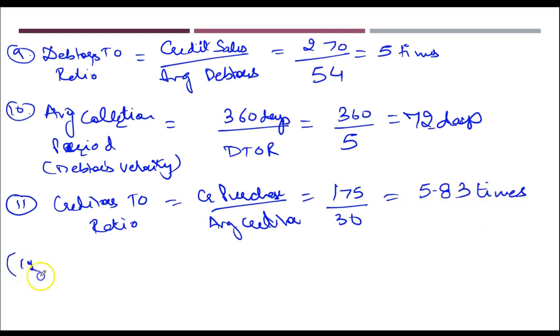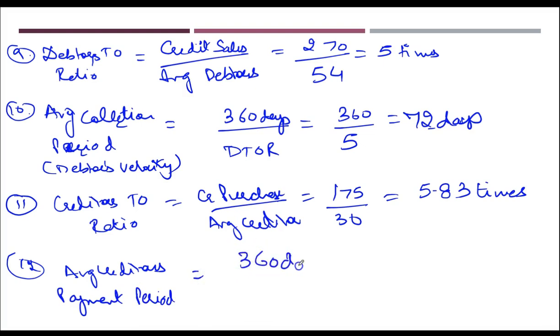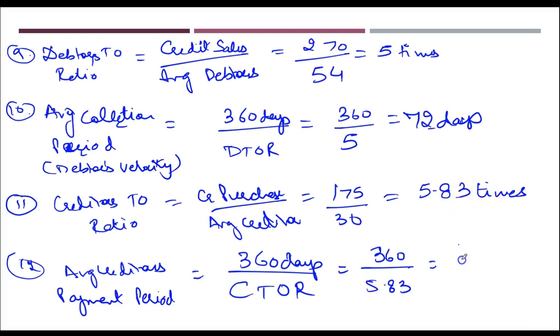And based on the same, if you calculate the average payment period or creditors payment period, you can simply say 360 days divided by creditor turnover ratio, which is 360 divided by 5.83, which comes to 62 days.